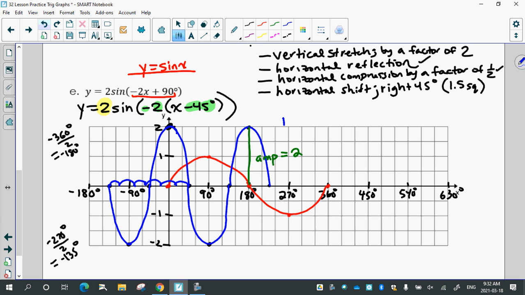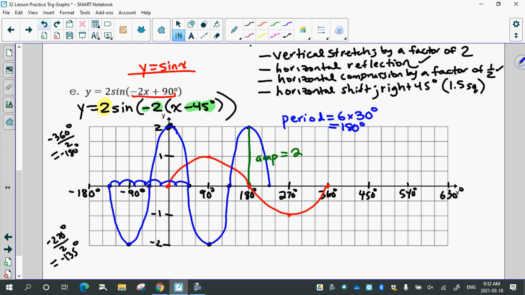So period is 6 squares times 30 degrees, which is 180 degrees. So how many squares is it for one cycle? So 1, 2, 3, 4, 5, 6. Yep, for one complete cycle. And this one's for 30.